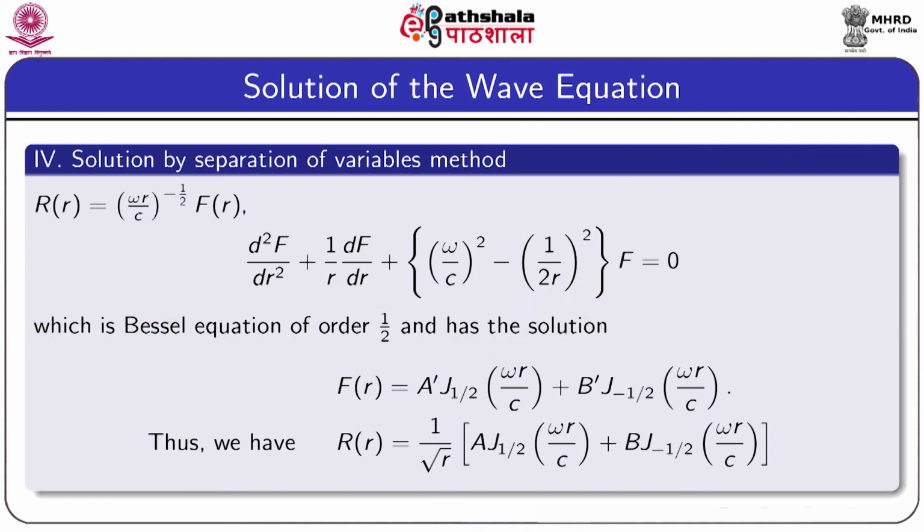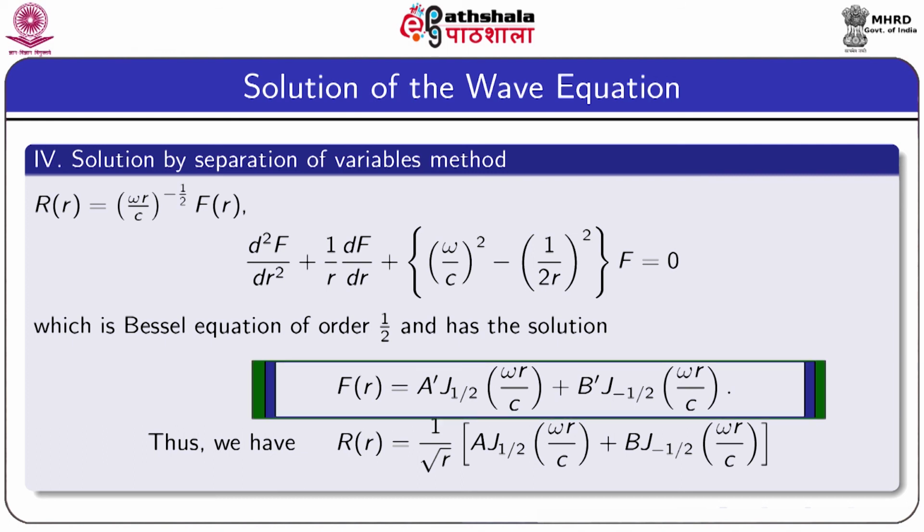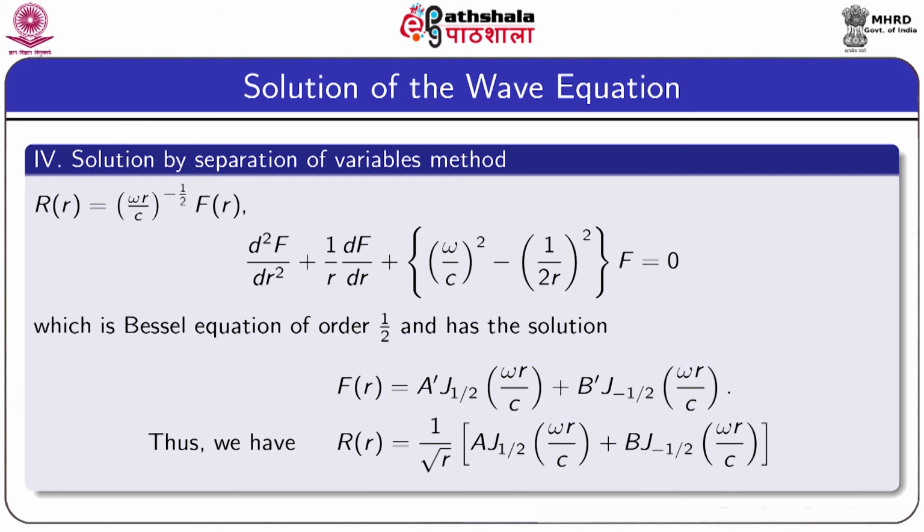Therefore, its solution is the linear combination of J half and J minus half, which is shown here. Capital F is A dashed J half(omega r by c) plus B dashed J minus half(omega r by c), where J is the Bessel function of order half.